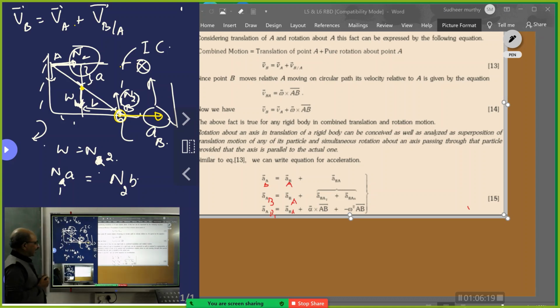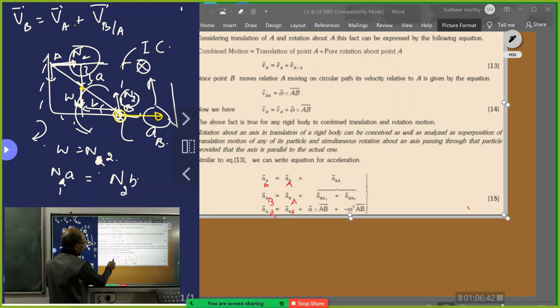But now these two are not equal. So this is more, and therefore this is causing this to rotate like this, and that is why this theta is reducing. So you start looking at it like this.